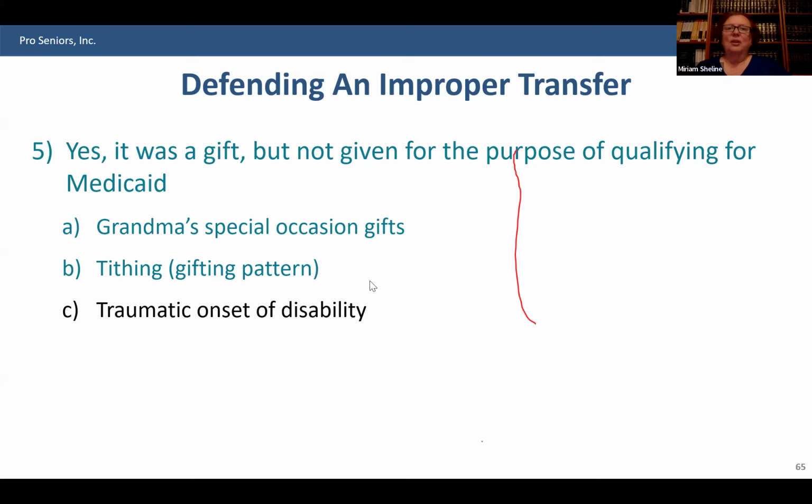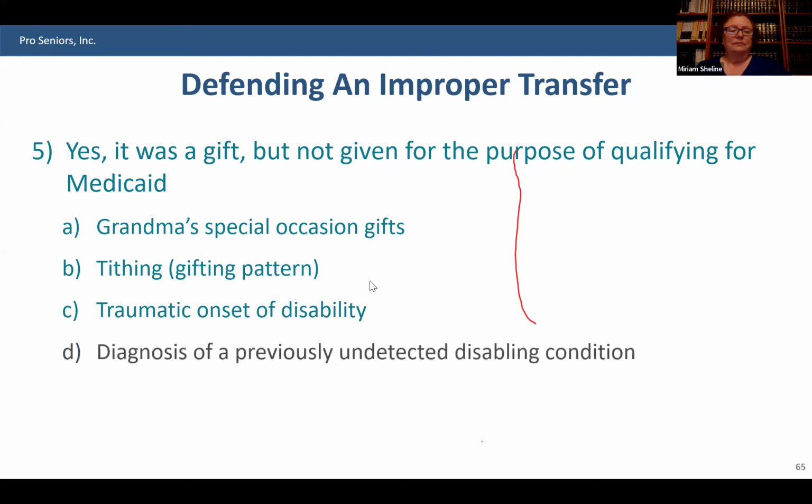This is going to work only in a traumatic situation and probably age specific. Similar with the diagnosis of previously undetected disabling condition. Okay. The younger that happens, the better that argument is going to be.